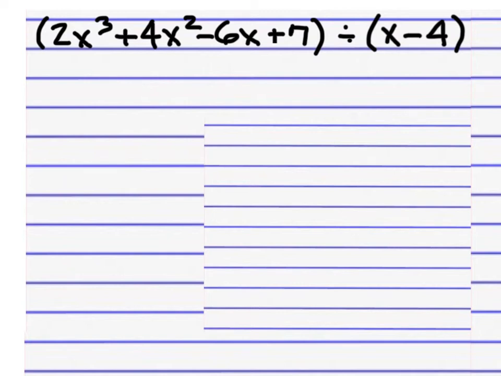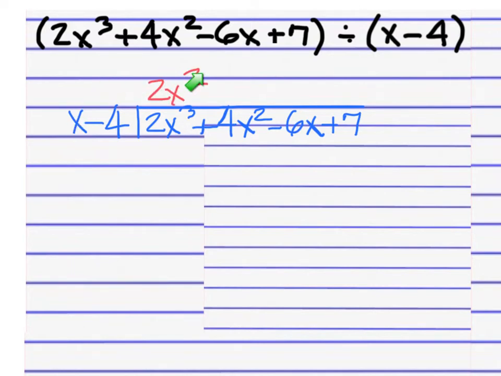Let's divide x minus 4 into 2x to the third plus 4x squared minus 6x plus 7. Okay, first up, how many times will x go into 2x to the third? In other words, what is 2x to the third divided by x? And that would be 2x squared.